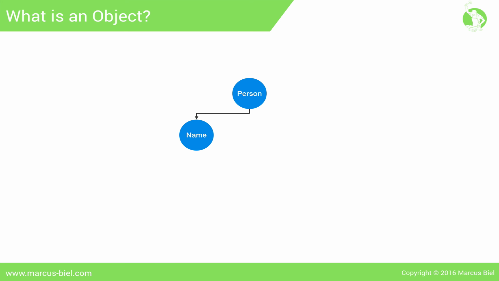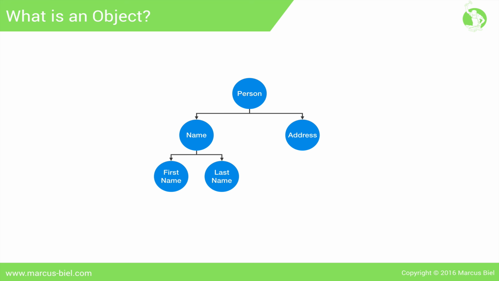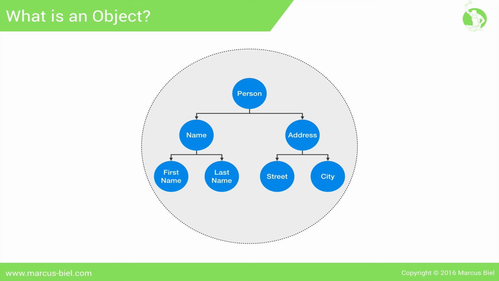Our person has a name and an address. The name object is composed of a first name object and a last name object. The address object is composed of a street object and a city object. So when we say person object, we're actually referring to this entire network of objects.